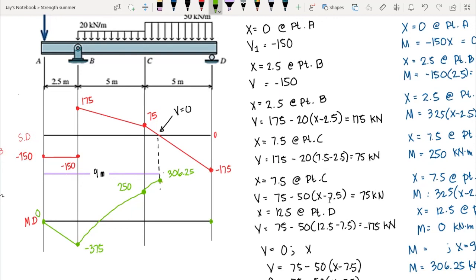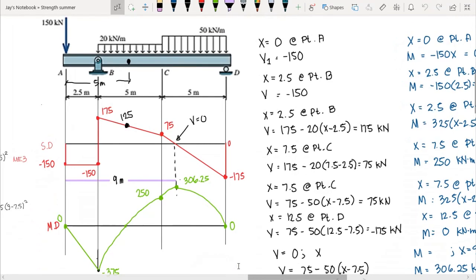And since again, we have decreasing shear diagram as what you can see here, and it is in the first degree, therefore our moment diagram should be in the second degree order and in frowning curvature. So we should have this curvature here. So this is now our shear and moment diagram.